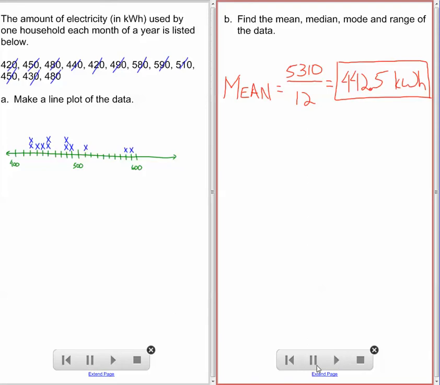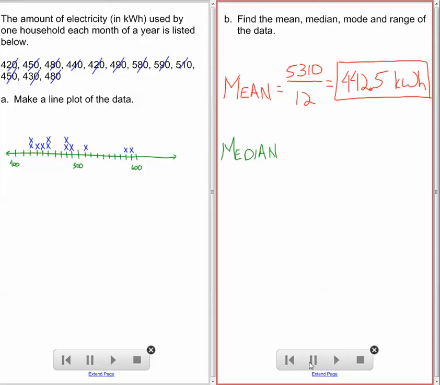Our median is just the middle number. Now, usually we have to put the data in order to determine the median. We've already done that: 420, 420, 430, 440, 450, 450, 480, 480, 490, 510, 580, 590. All these numbers are in order, so all we have to do is find the middle one.